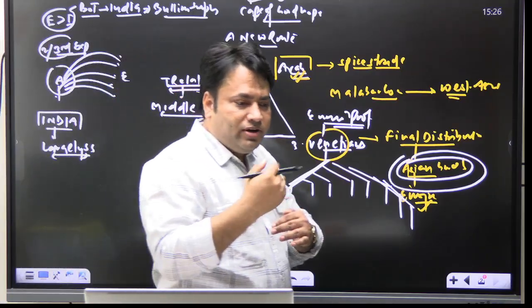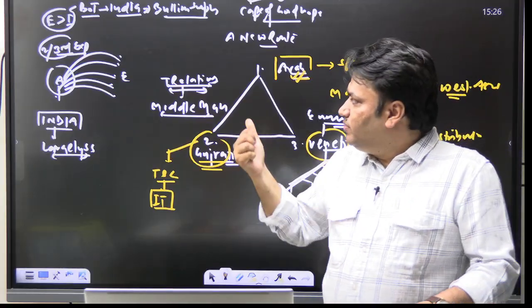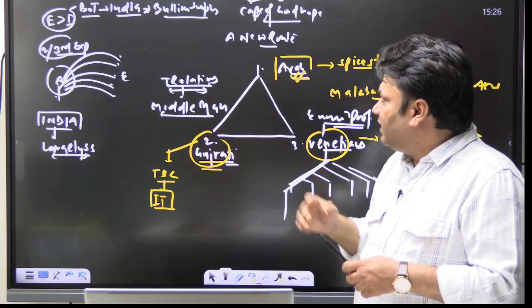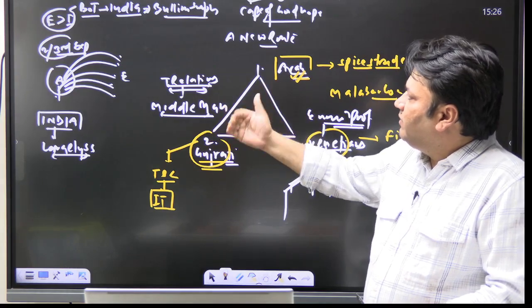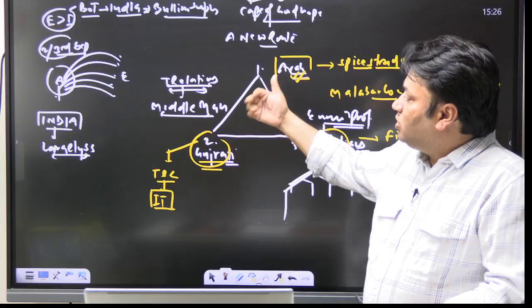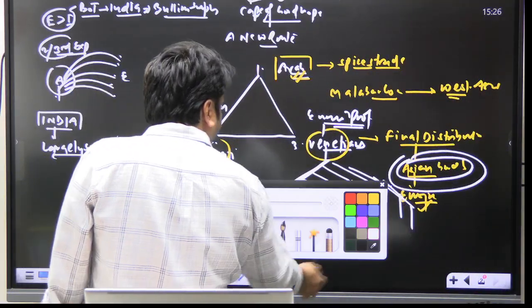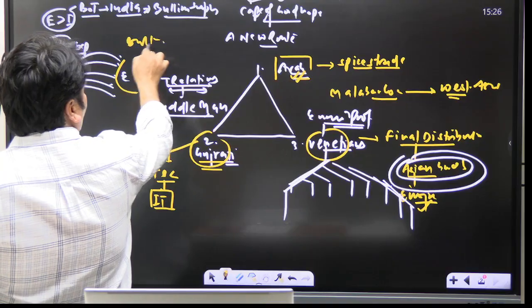For example, when we are exporting something, we get money in return. So here the precious metals like gold and silver were the payments. We were exporting more, and that's why we had a bullion surplus. But the European countries were importing more, and that's why they had a bullion deficit.